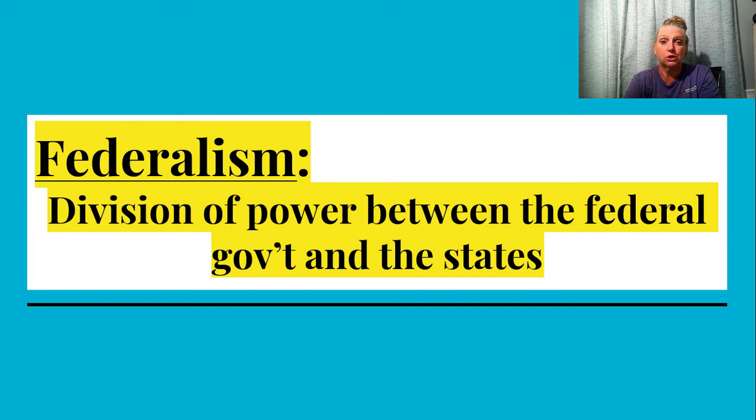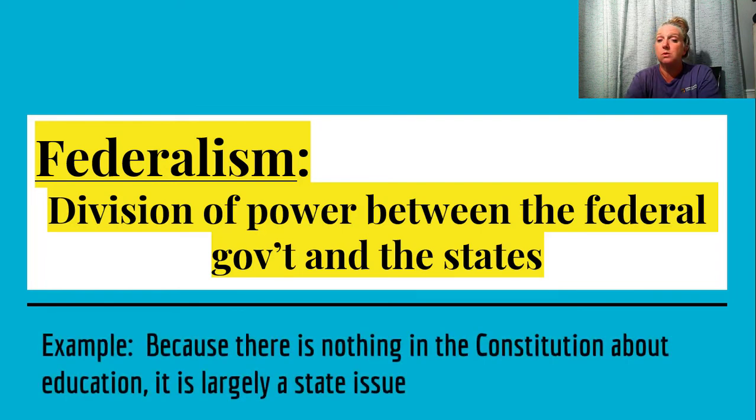So there are certain things that the federal government gets to do and certain things that the state government gets to do. An example here is that because there is nothing in the Constitution about education, it is largely a state issue. So if it's not listed in the Constitution, then it is a state issue. Marriage is not mentioned in the Constitution.